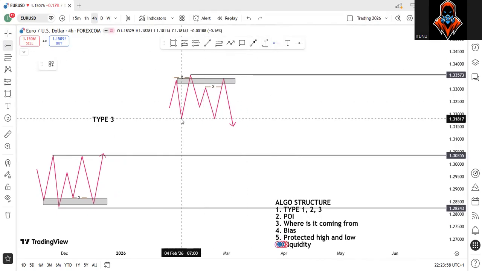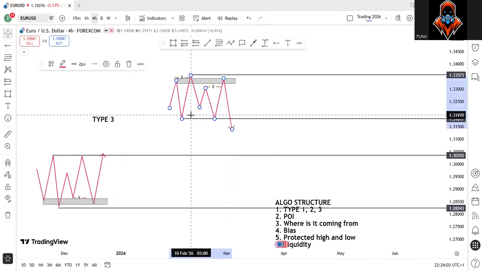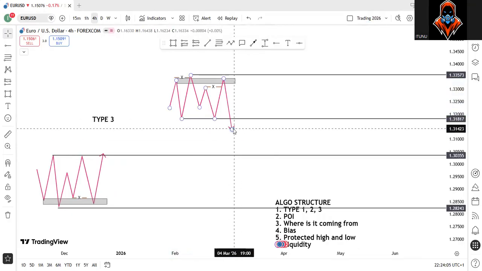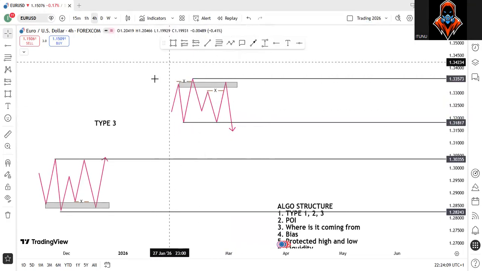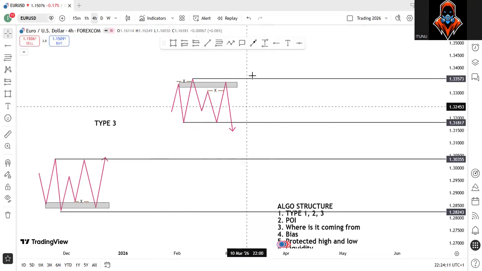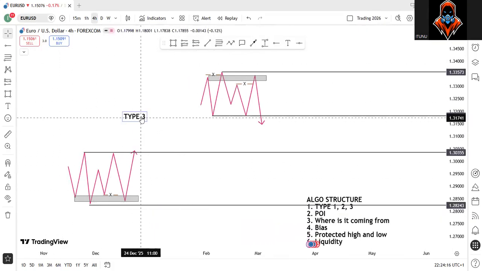Then we expect market to take out the overall target, which is this level. We expect market to take out this high, this low. That's our overall target for the bearish scenario. So this is a type 3 for a bearish scenario in a selling market, and this is type 3 in a buying market.